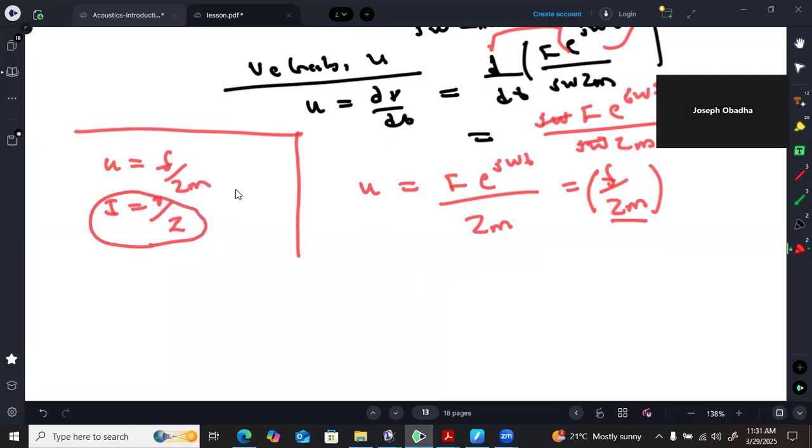So we can conclude at this point that velocity in mechanical circuits is the analog of current, and force corresponds to voltage. This is something that we can conclude at this stage.